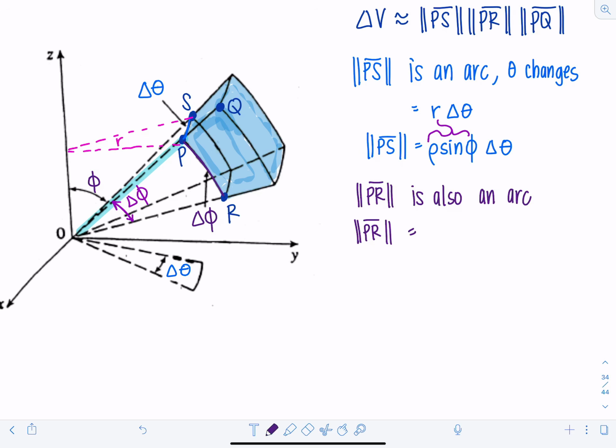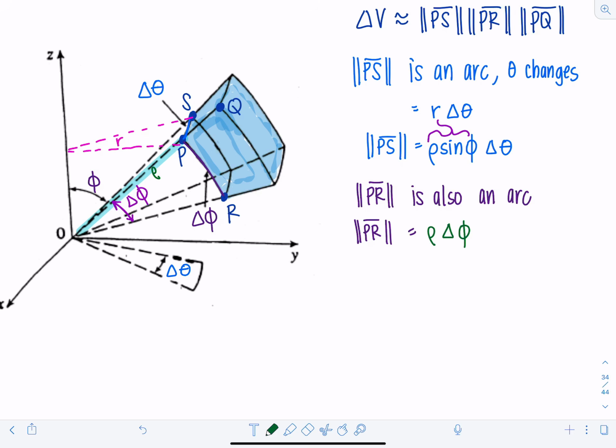That's rho. So PR is equal to rho delta phi. All right, that's different than PS, yes? So PS was determined by R delta theta. Do you see the difference?